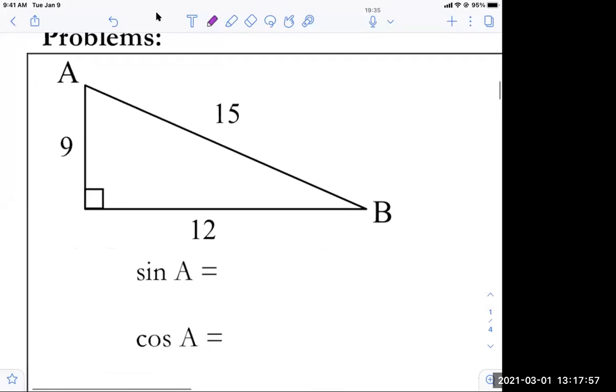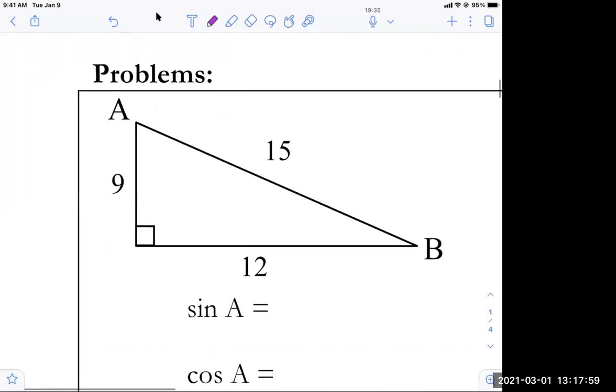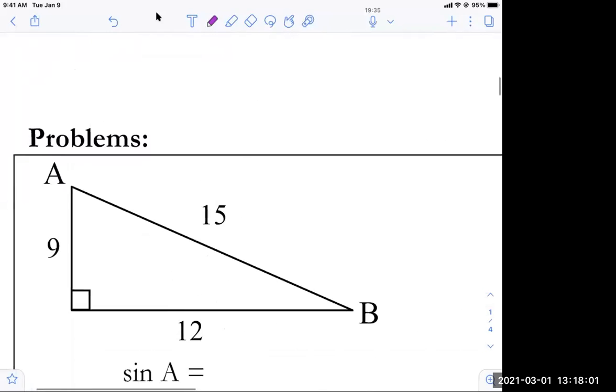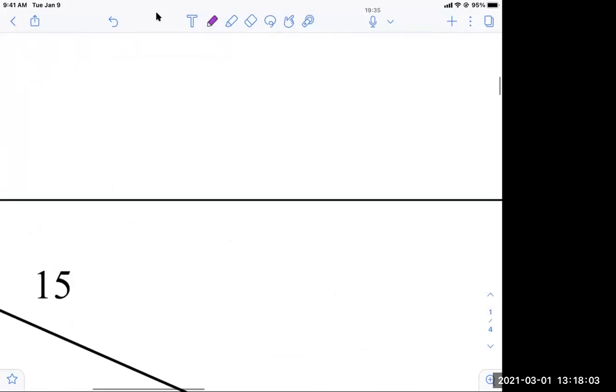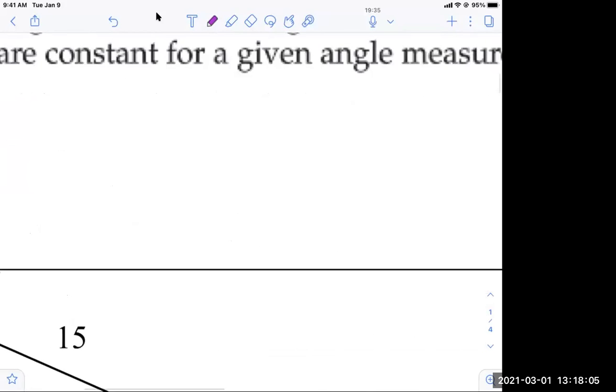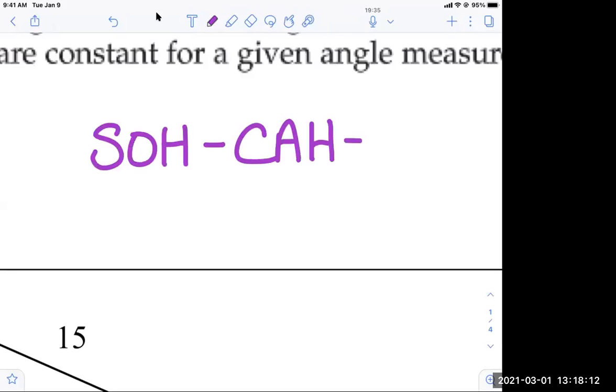All right, so let's start. First, it's saying find the sine, cosine, and tangent of angle A. Now here is a mnemonic device that we will use to help us remember that sine is opposite over hypotenuse, cosine is adjacent over hypotenuse, and tangent is opposite over adjacent.